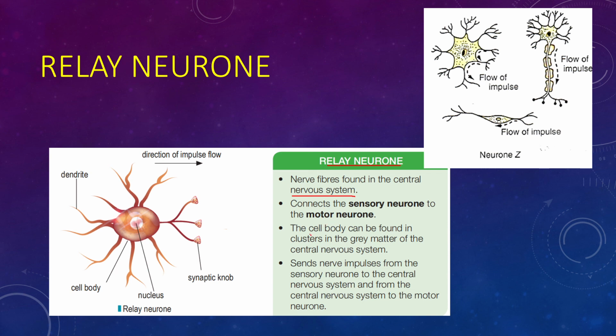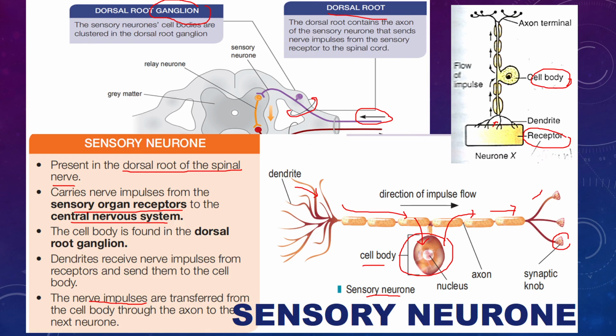So dia punya cell body ini can be found clustered in the gray matter of the central nervous system. Dekat sini, this is relay neuron. Menangkan dia berada di gray matter ini, so the cell body is also found here lah, in the gray matter area.